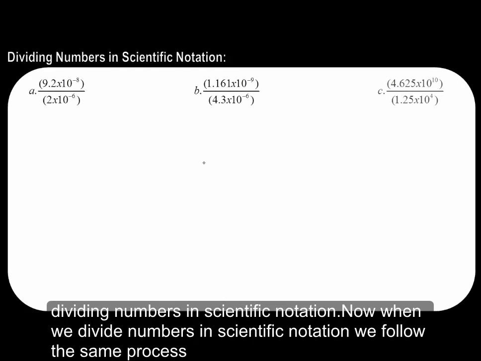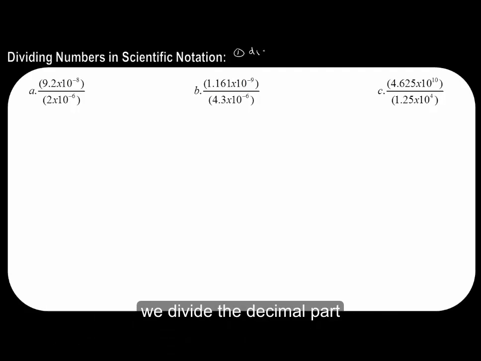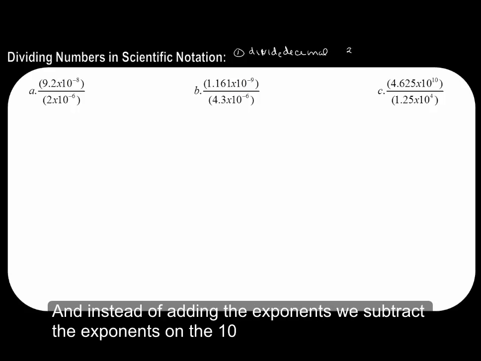Now, when we divide numbers in scientific notation, we follow the same process. We divide the decimal part. And instead of adding the exponents, we subtract the exponents on the 10.